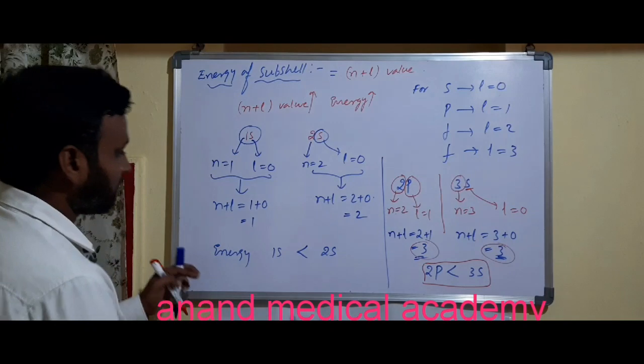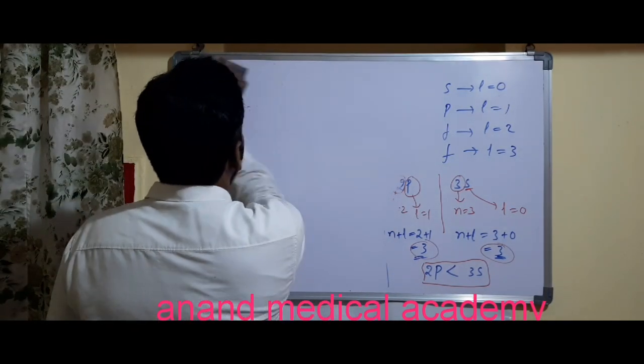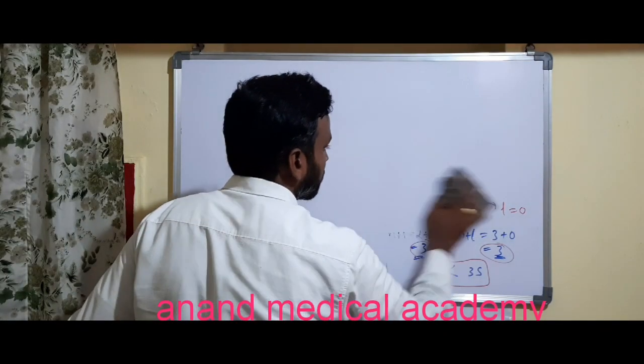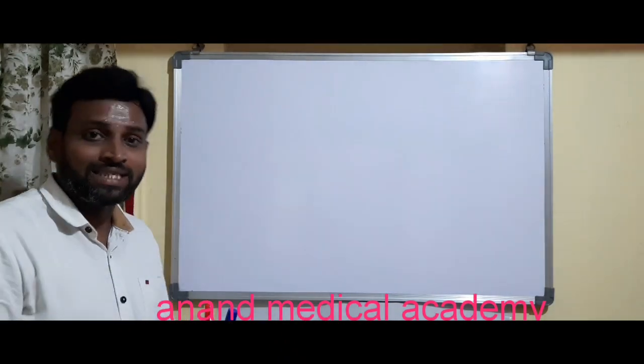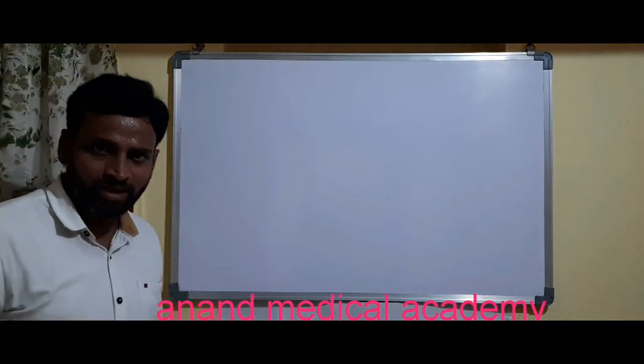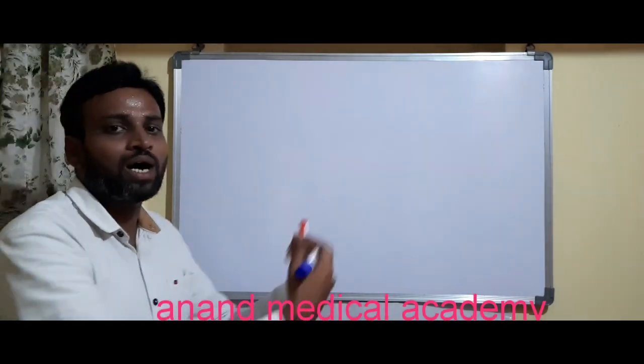Now the next concept is something new for you, which we have to discuss for writing electronic configuration. One rule is very important. Of course, energy is very important, which have less energy and which have more energy.